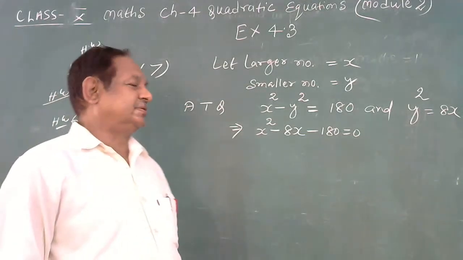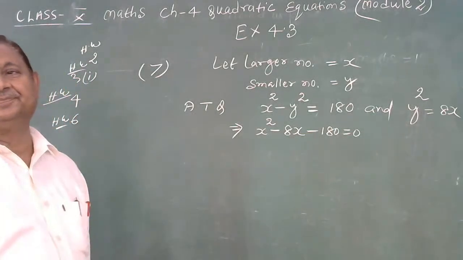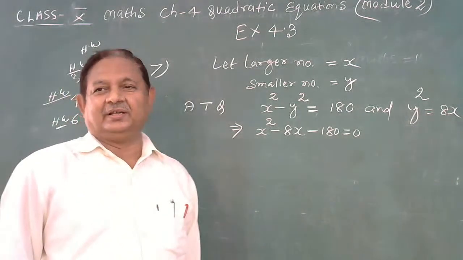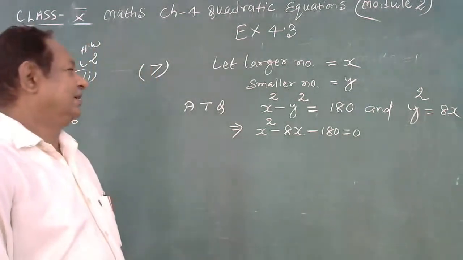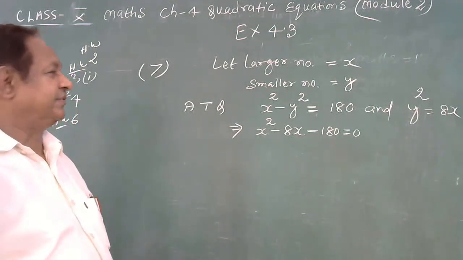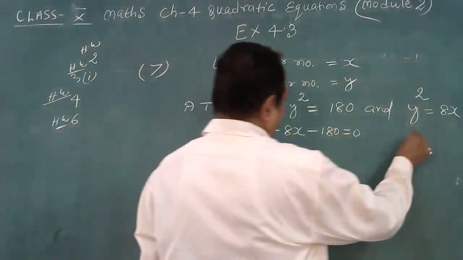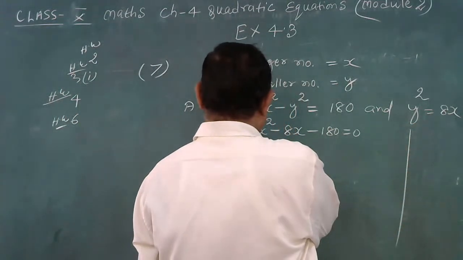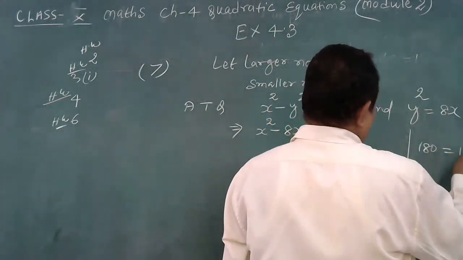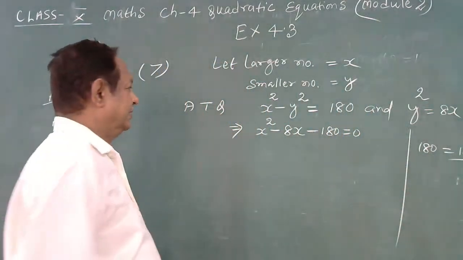Now solve this quadratic equation by any method, either completing the square or splitting the middle term or by the quadratic formula. So splitting the middle term, multiply 1 into 180, which is 180. Factors are 18 into 10, and the difference is 8.